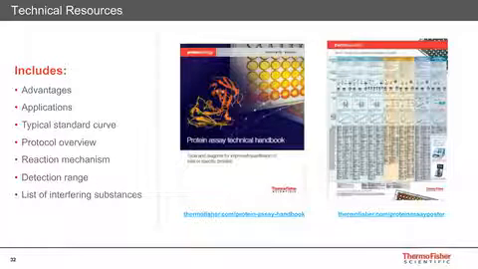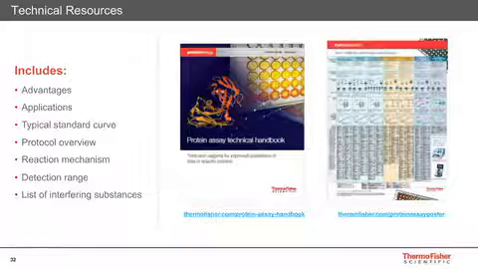And what the program will do is choose the best protein assay for you. We also have a protein assay technical handbook that includes the advantages of each assay, the applications for the assay, the typical standard curve that you can expect with each of the assays. It has a detailed protocol. It gives you the mechanism of the reaction of each of the protein assays.